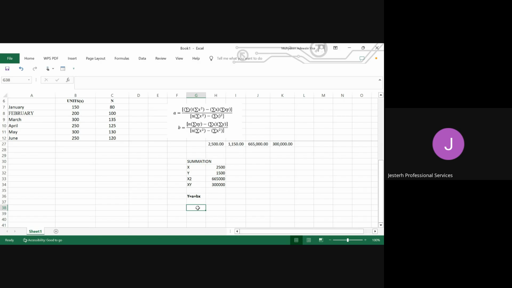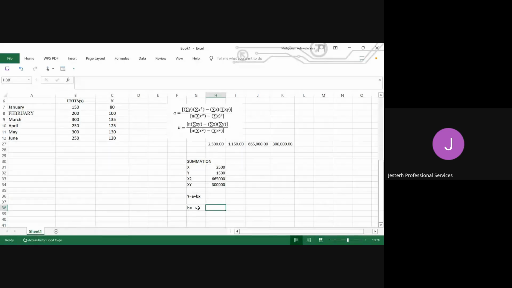And then remember, I said the number one that we are to prepare first is b. Now we need to prepare for b first. Remember, it is the first thing when we are calculating for our high and low method, we first determine our variable cost per unit. The same thing is applicable here as well.